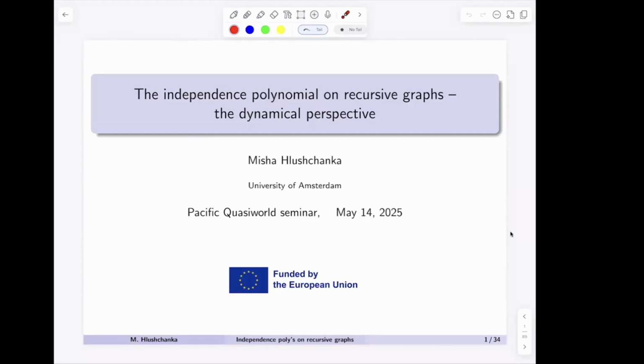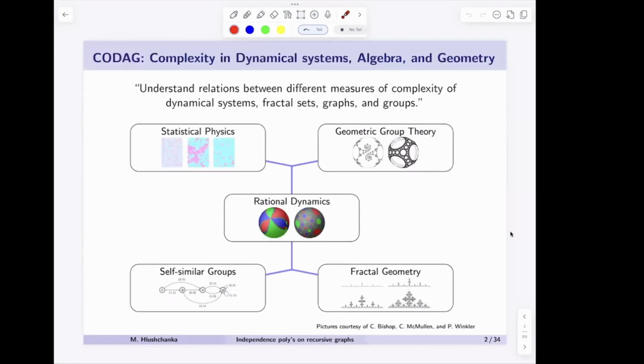Yes, so I would like to talk about a portion of my work within this project called CODA, Complexity in Dynamical Systems, Algebra and Geometry. The general motto of this project is that we want to understand relations between different complexity measures of dynamical systems, fractal sets, graphs, and groups.